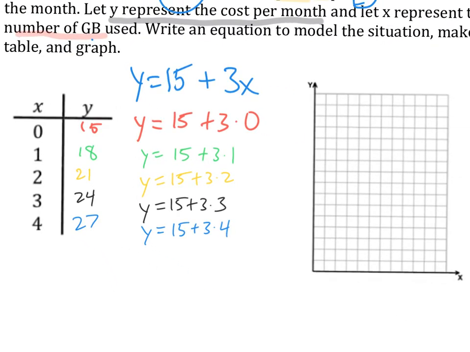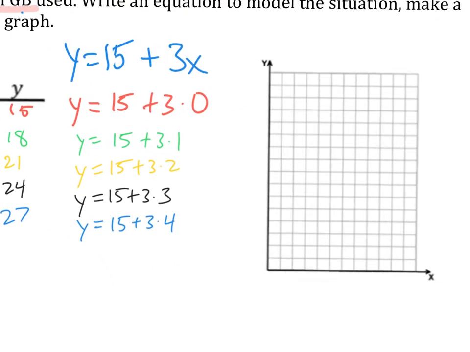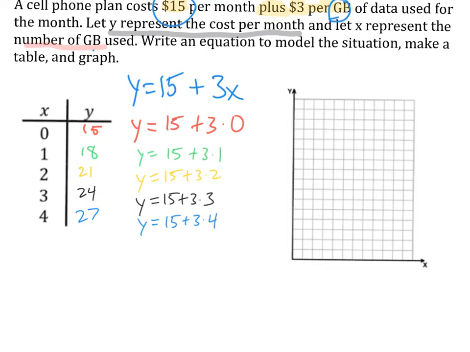Now we have all those points, so we can go over to our graph. Our x-axis is going to be the number of gigabytes used, because we already defined that, and we'll just go by ones.